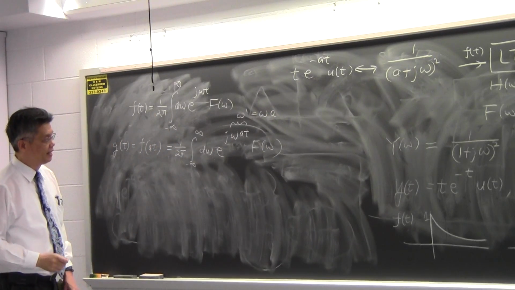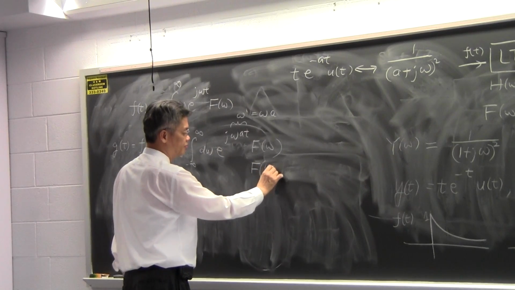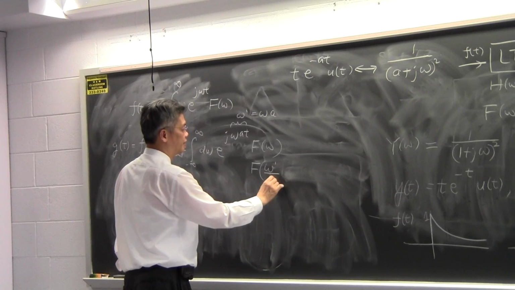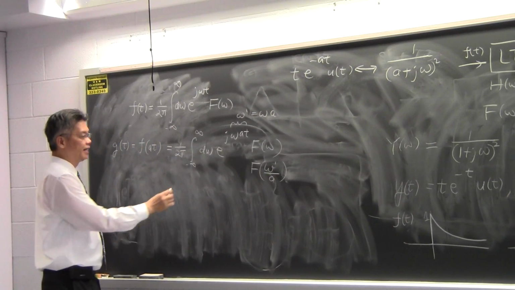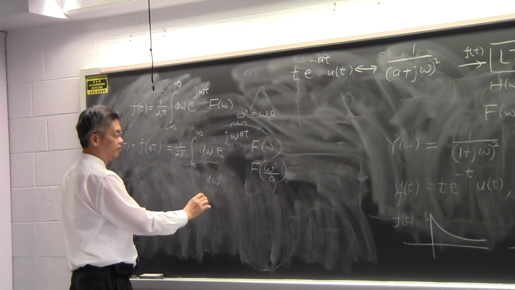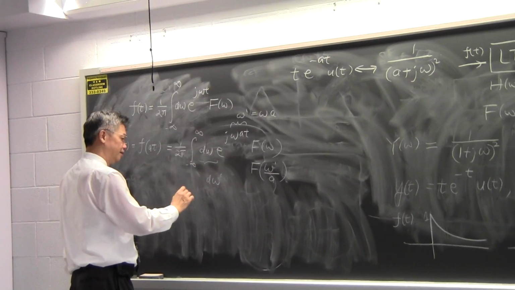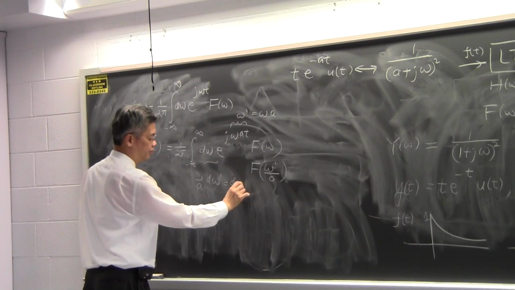And then I'm going to write this in terms of omega prime. F of omega prime divided by a. And then d omega, I'm going to write it in terms of the dummy variable d omega prime, divided by a, must be equal to d omega.